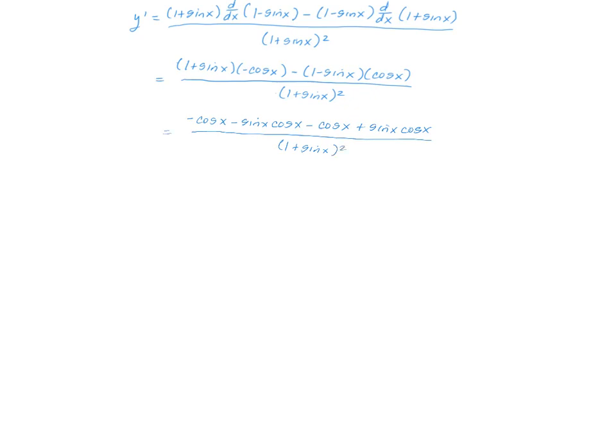So notice that I have a minus sine cosine plus sine cosine that will go away. So I have negative 2 cosine of x over 1 plus sine of x squared. And there's no need to multiply out the 1 plus sine of x in the denominator. So this is where we would stop. Let's do more examples.